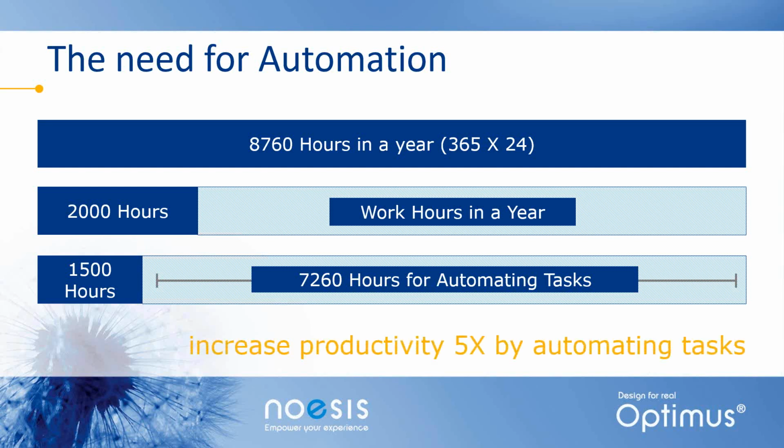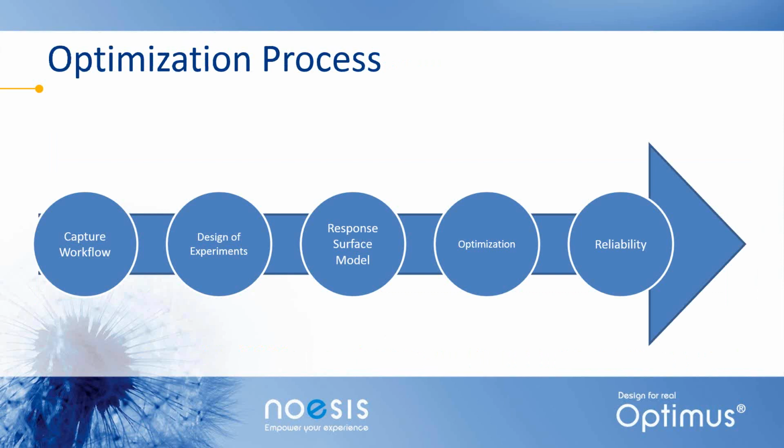And so we'll talk a little bit about automation, and that's actually a key to this optimization process. The first step, of course, is to capture the workflow. Then after that workflow is captured and you can automatically run many different designs, you can then move on to conducting a design of experiments.